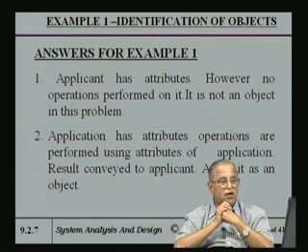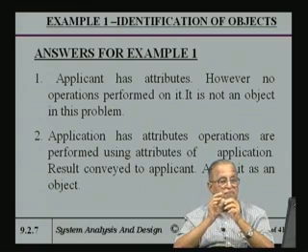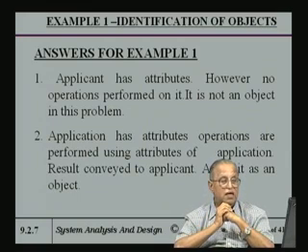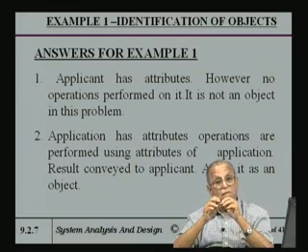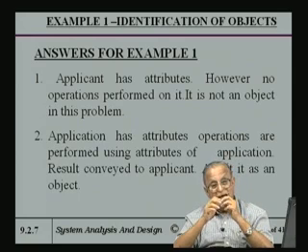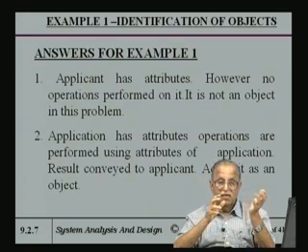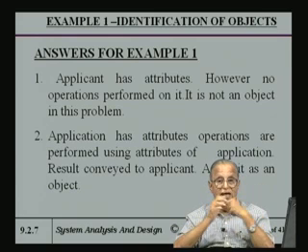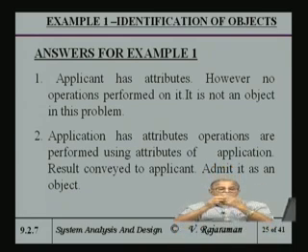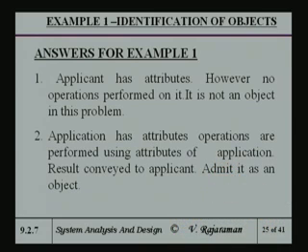Okay. So the application has attributes, and operations are performed using these attributes. The result is conveyed to the applicant, but the result is based on the application, and the address is required only for communicating the result. So there is no operation, only he gets a signal, you might say, a message.